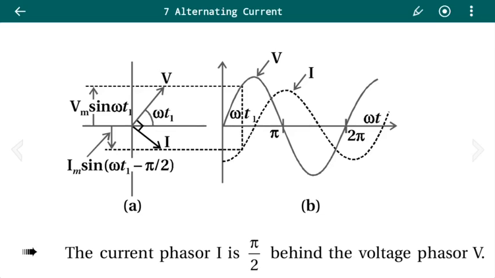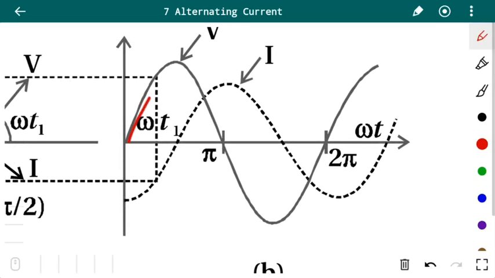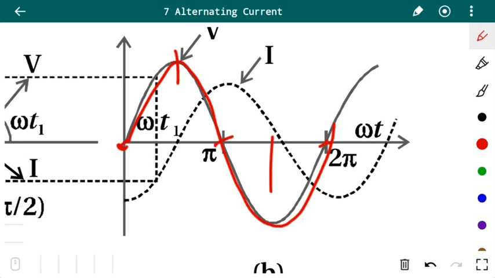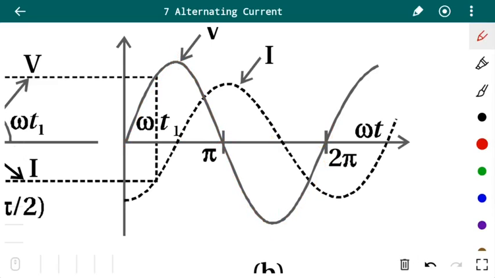So this is the phasor diagram, and as you can see in this graph also, we have voltage V equals Vm sin omega t, that is at 0, pi and 2 pi its value is 0, at 90 degree and 270 degree we get the maximum voltage, and the current is lagging by 90 degree.